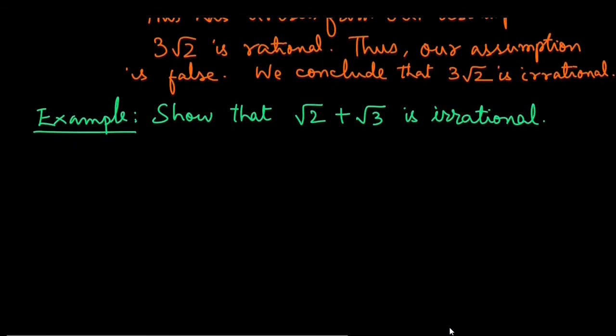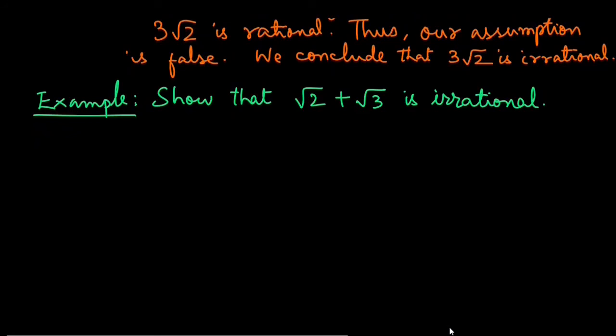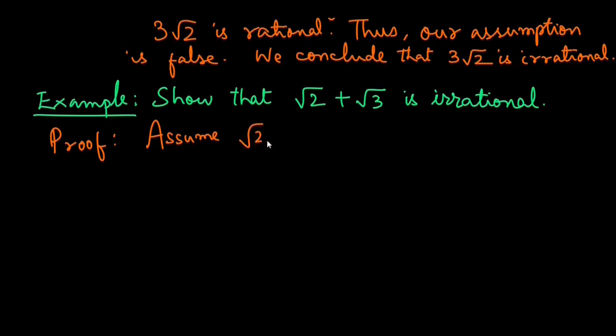Now let us see another example. Show that root 2 plus root 3 is irrational. Proof: let us show this by contradiction. Assume root 2 plus root 3 is rational.